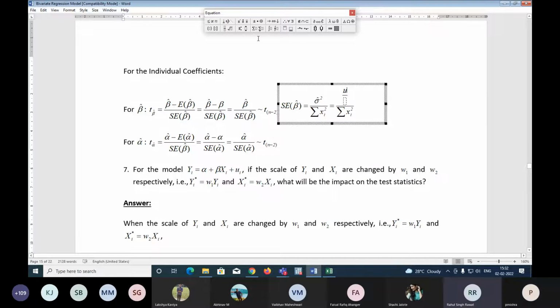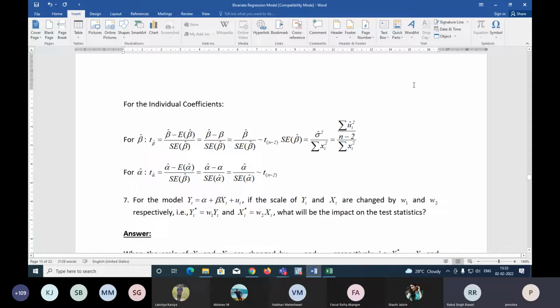So basically the summation of u hat i square divided by n minus 2. Am I right? Is it clear? Yes, sir.